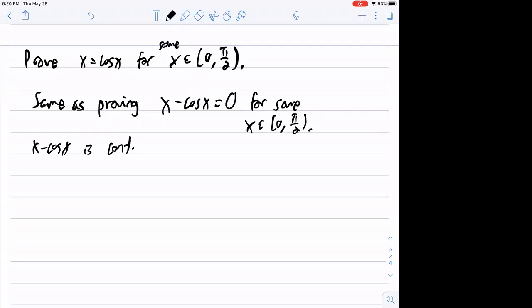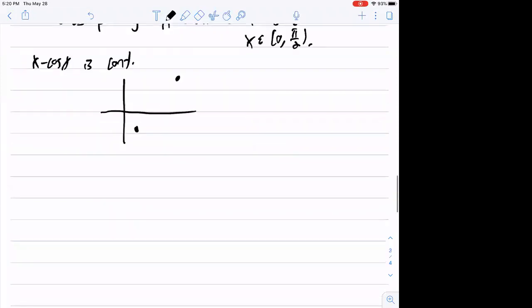So in particular, you get 0. Everyone clear with the approach?